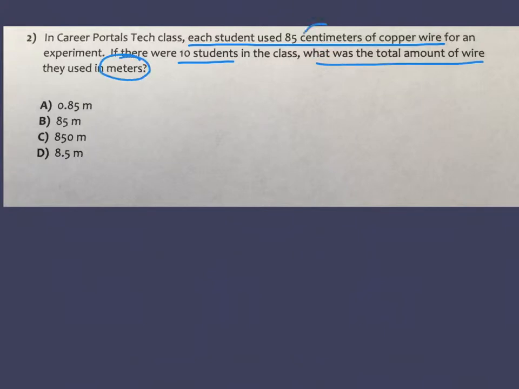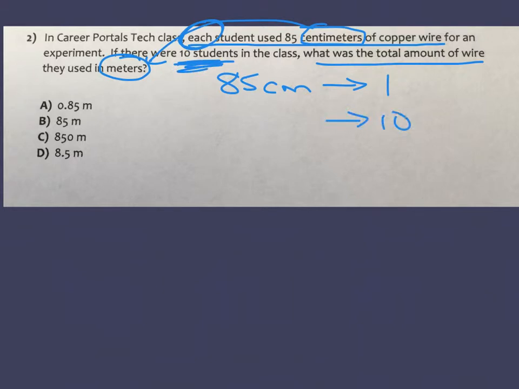So we need to go from centimeters to meters. All right, so we have 85 centimeters. But that was each student. 85 centimeters was for one student, but there were 10 students in the class. So we'll need 10 times as much copper wire.